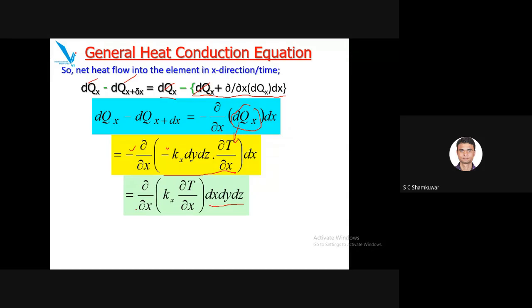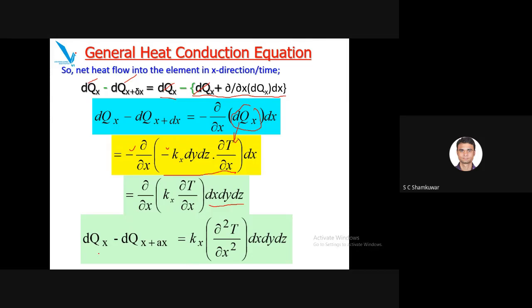We have taken dy dz out of the bracket, and then the net heat transfer, dQx minus dQx plus dx, is a dx, sorry.